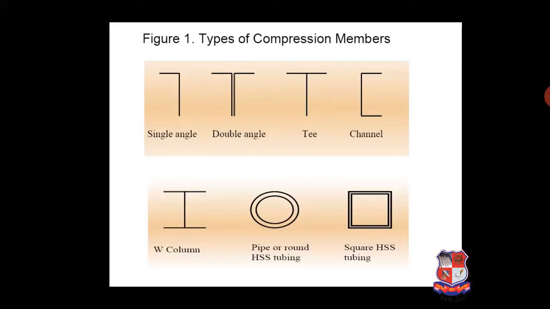So what is equal angle? When the length of the angle, or you can say the size parameter, is equal in both legs, it is called equal angle. What is unequal angle? When both leg sizes are different, it is called unequal angle.